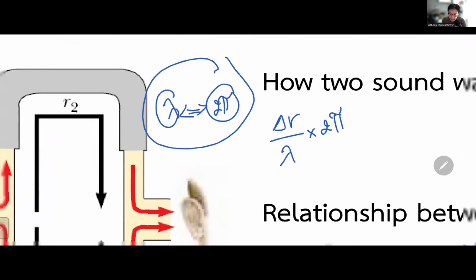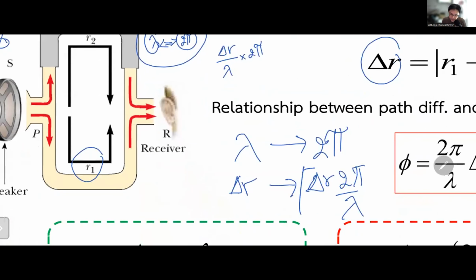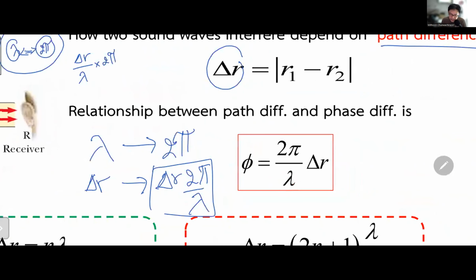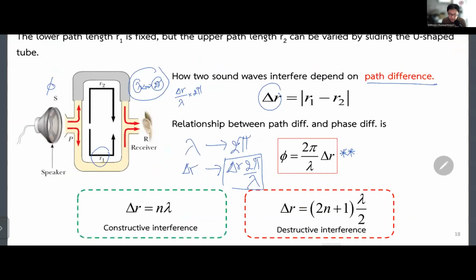All right, but at the end, you get the same end result over here. So this is the relationship that we can use to convert between the distance and the phase phi. It's just a factor of 2 pi over lambda. And you are done. When I say you're done, look at these two cases here.